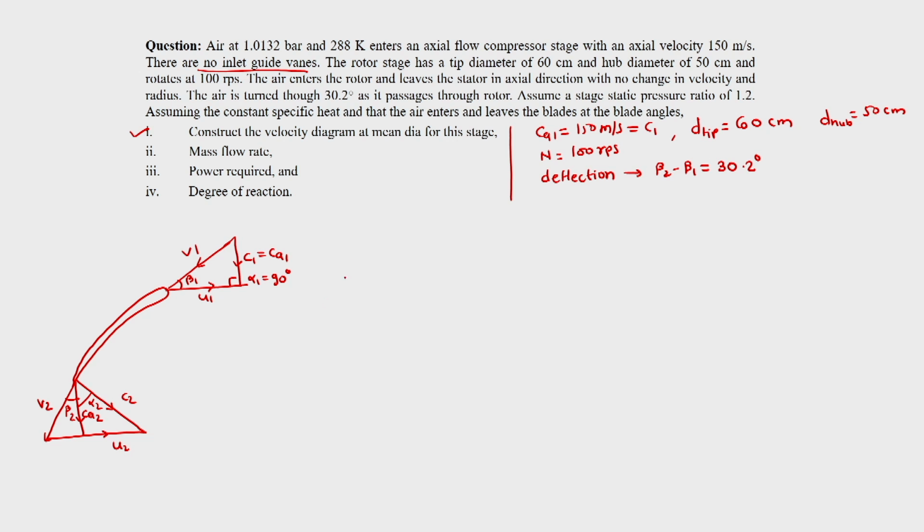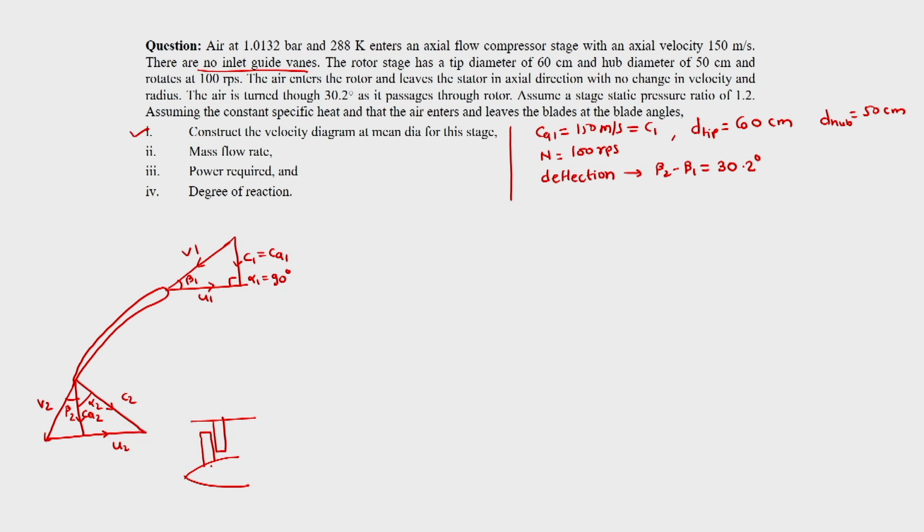So we would first say that U is equal to pi dn. Before that we should remember that in case of compressor this is the hub, then this is the rotor and then this is the stator.